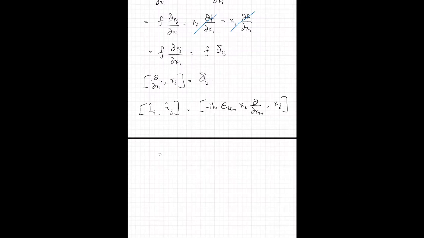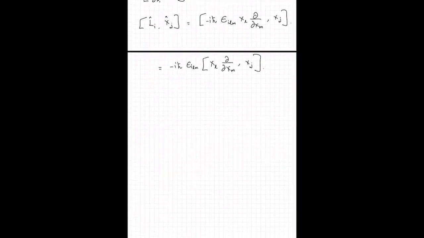So this is effectively equivalent to h bar, and the epsilons are constant, so I can pull them out with impunity. So epsilon ilm, the commutator of xl d/dxm with xj. And the way you evaluate this is by realizing that the x parts commute, right? Because xl and xj commute. I can talk about the positions in different directions and there is no commutation relation between them. So for the purposes of this commutator, I might as well pull out the xl part from the first factor.